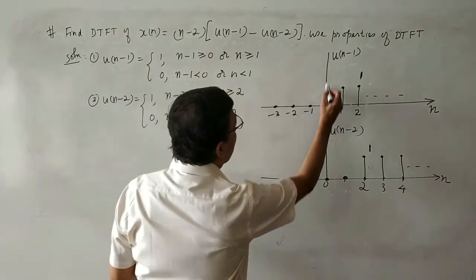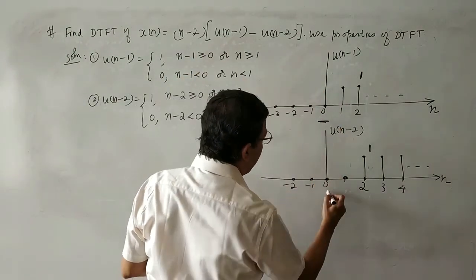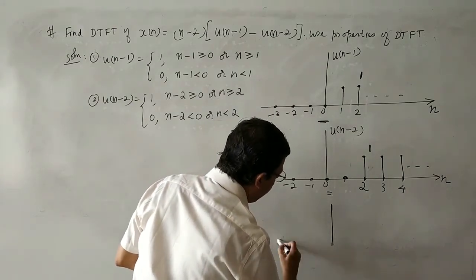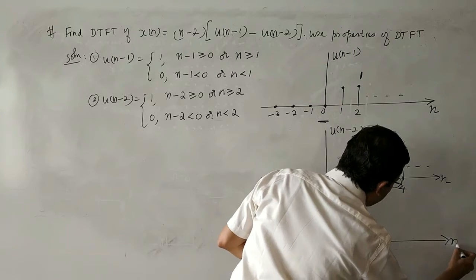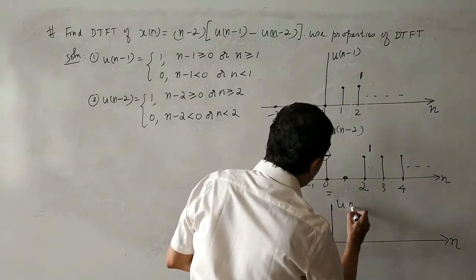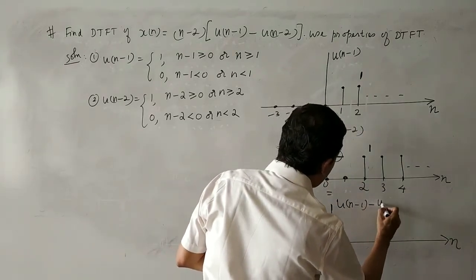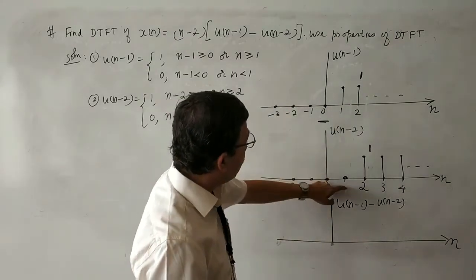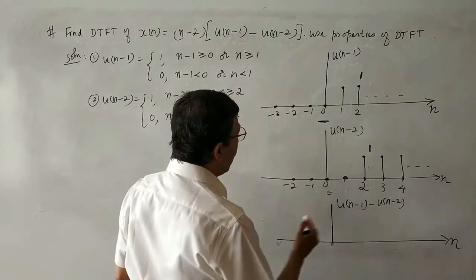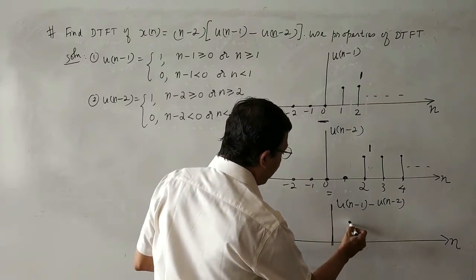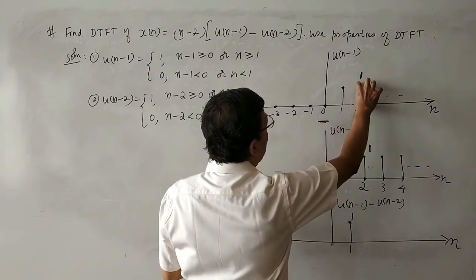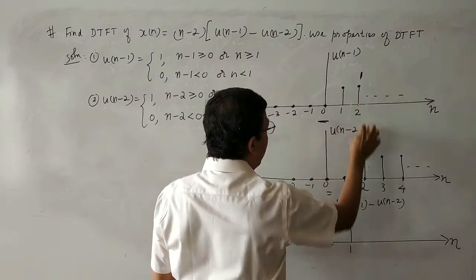Now we have to find what is u of n minus 1 minus u of n minus 2. From this figure, if you subtract this figure, what do you get? X-axis is n, y-axis is u of n minus 1 minus u of n minus 2. Only the sample at n equal to 1 will survive. All the other samples cancel out. Sample at 2 is 1, sample at 2 is 1, 1 minus 1 is 0.